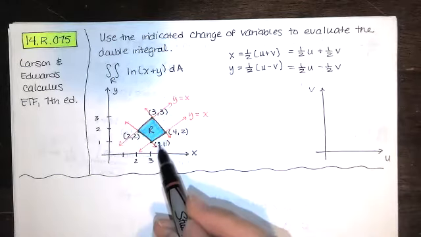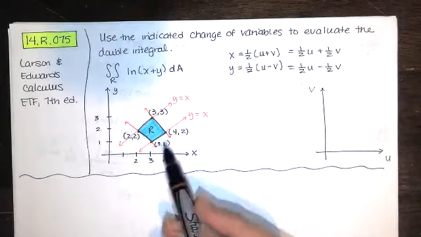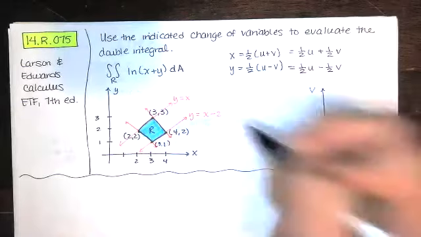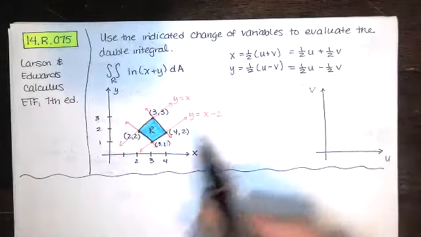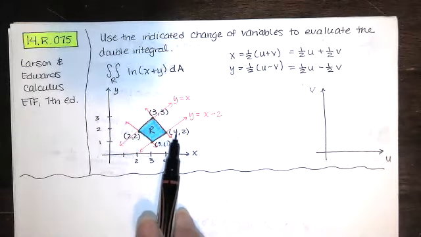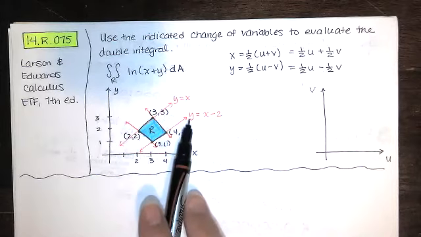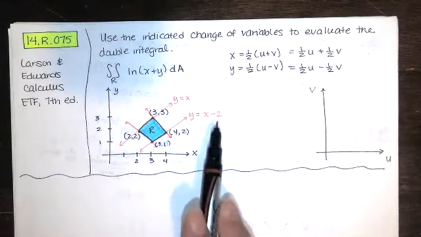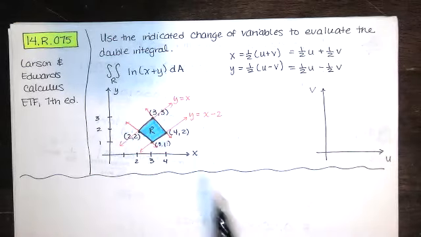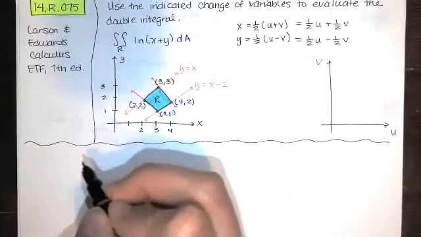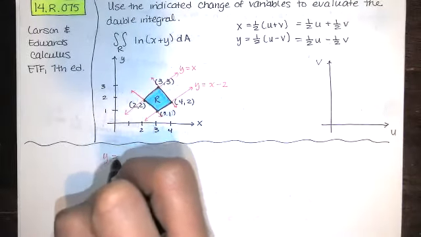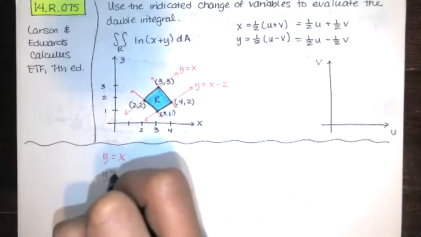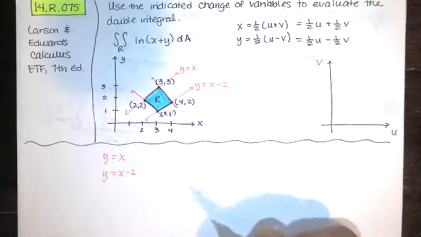If x is 3, y is supposed to be 1, so I think that should be x minus 2. Let's check. When x is 4, 4 minus 2 is 2. That checks out. When x is 3, 3 minus 2 is 1, so that checks out. So those are our first two equations: y equals x and y equals x minus 2.